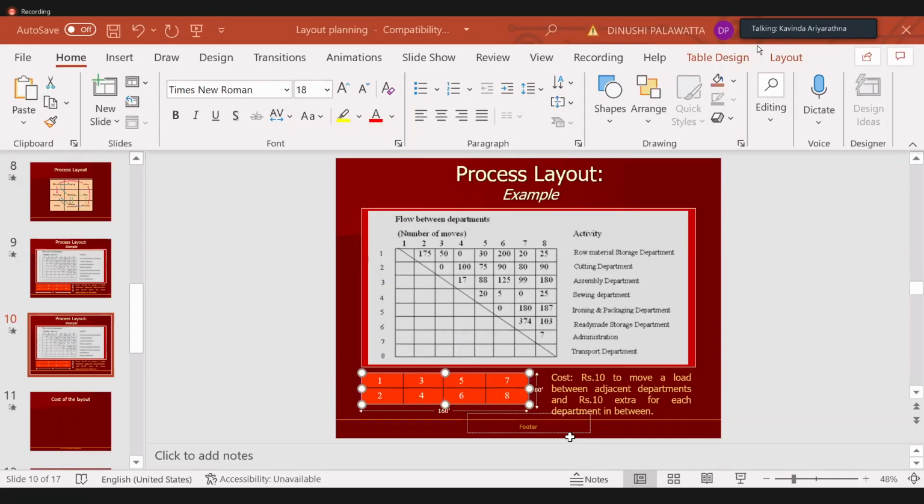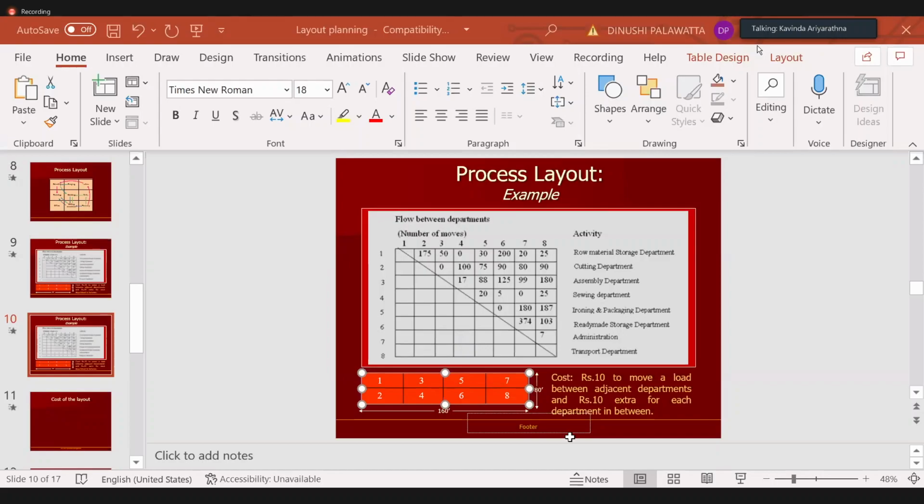Then 3 to 4, 17. 3 to 5, 88. 3 to 6, 125. 3 to 7, 99. 3 to 8, 180.